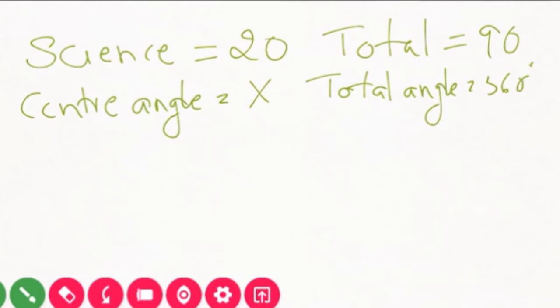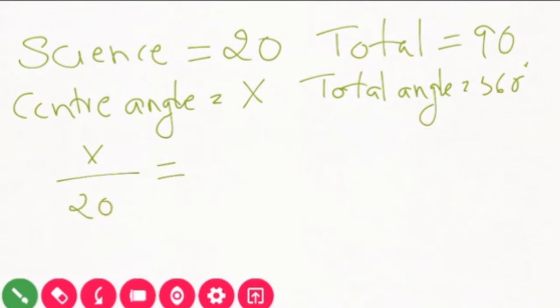Then what will the formula become? X divided by 20 is equal to 360 divided by 90. Then what will happen?